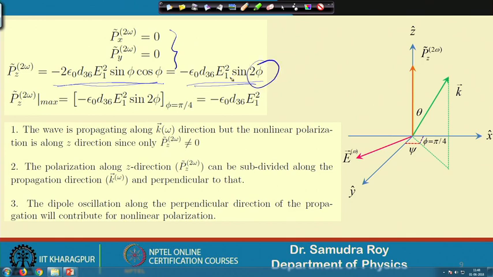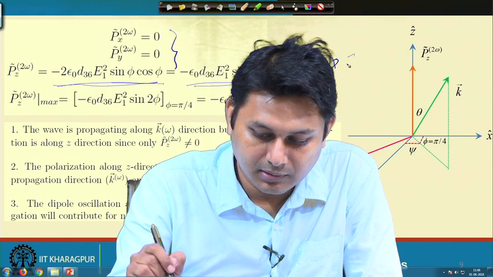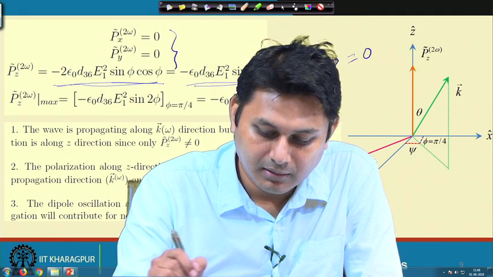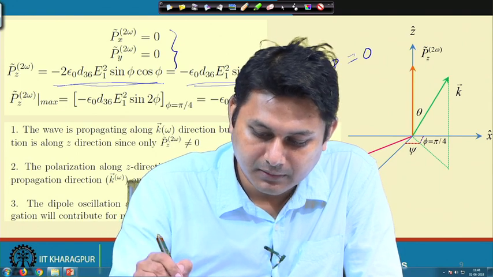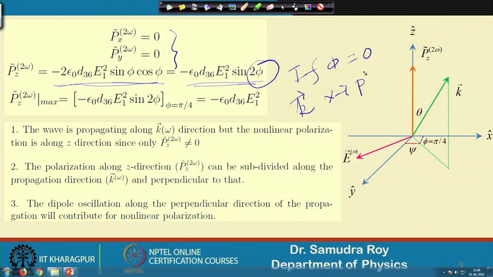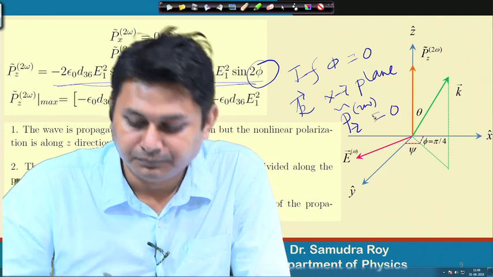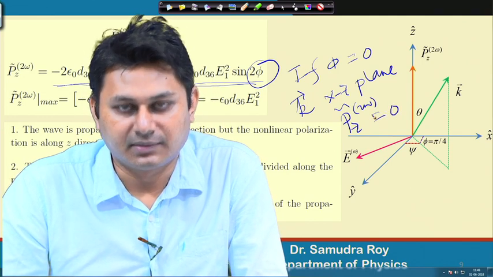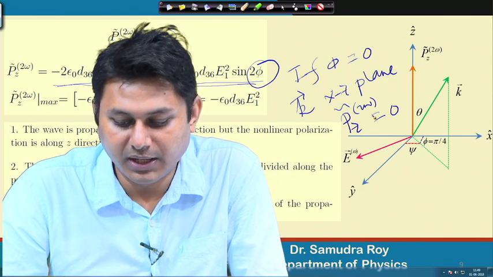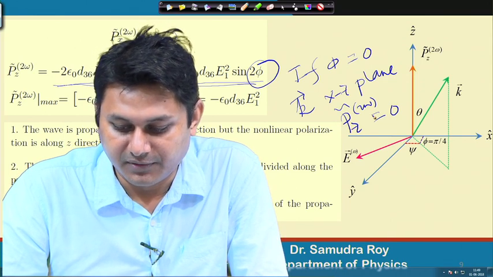You can see that this is our phi term in the figure. If phi is 0, that means k is in which plane? Xz plane, then P z at 2 omega is 0, which is nothing but the previous case, which we have already found in our previous calculation.